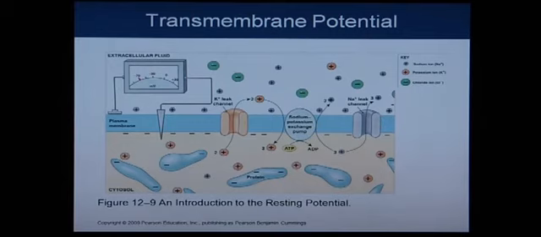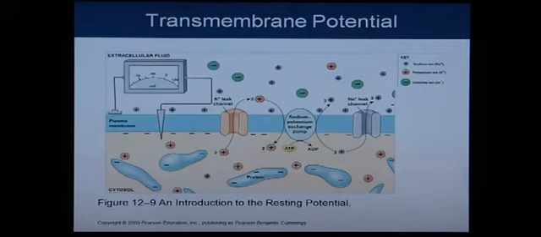Now to keep the sodium on the outside where it belongs and the potassium on the inside where it belongs, we have the sodium-potassium exchange pump. This guy works using energy to try to continuously put the sodium back outside where it belongs and the potassium back inside where it belongs. So it's constantly working to fix what those leak channels are allowing to happen.